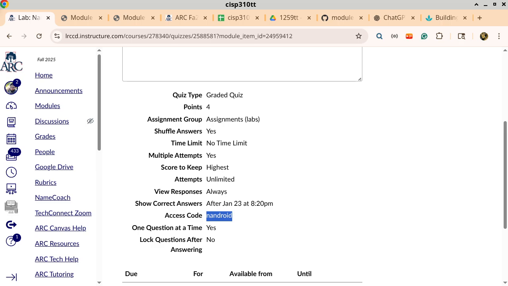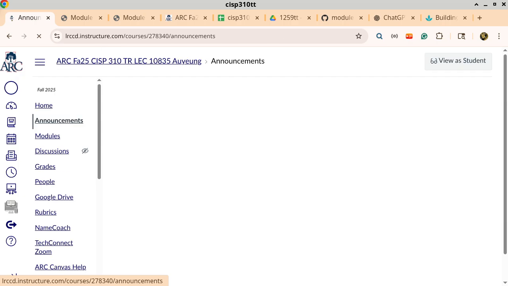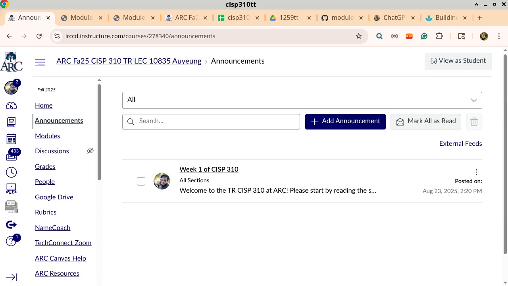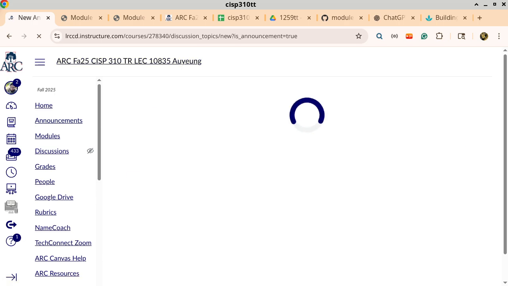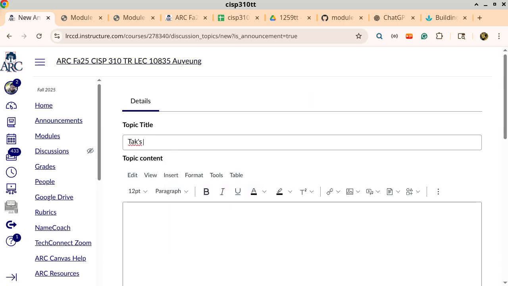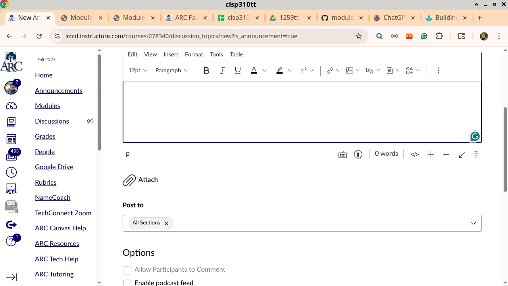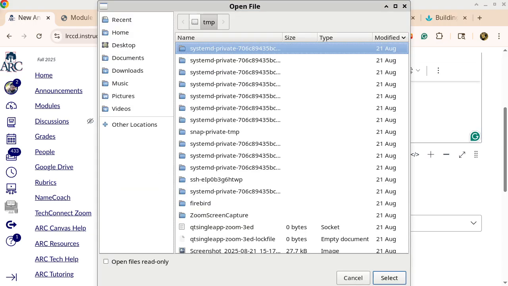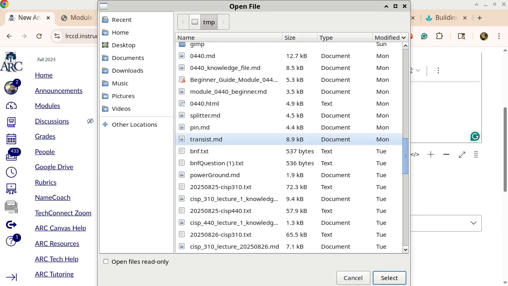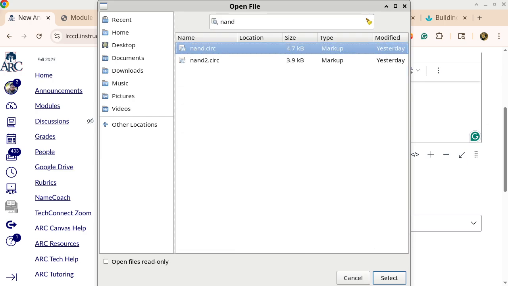If you did not get a perfect score, meaning your NAND 2 implementation is not working entirely, I can give you mine as a starting point. So let me just do that. I will put it into the announcements. Okay, there we go. And Canvas would actually take a few spaces as content. All right, so NAND.